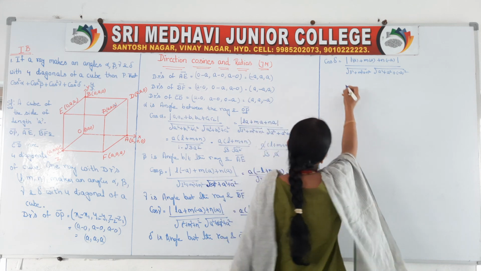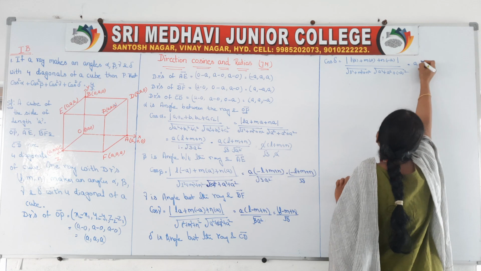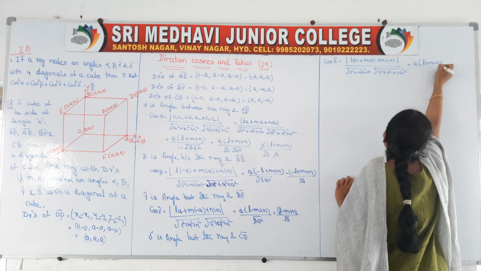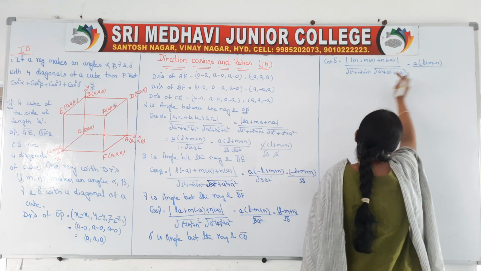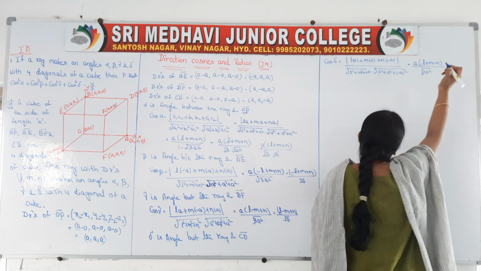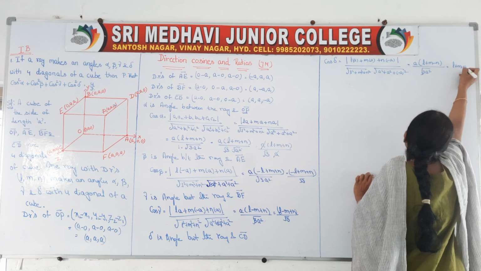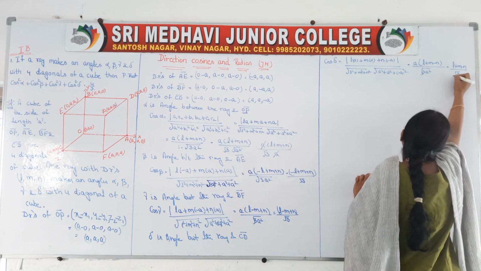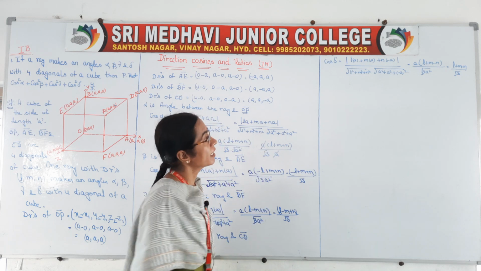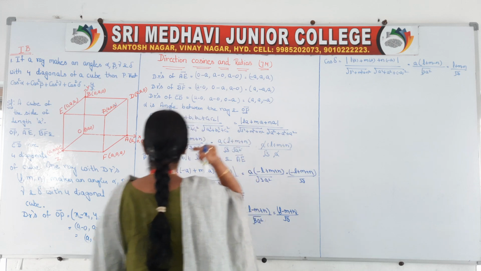We can take a common here, so then we will have l plus m minus n by 1 and this is 3a square. So it is equal to (l plus m minus n) by root 3. Same thing, square root cancels, a also cancels. So we got all the values.